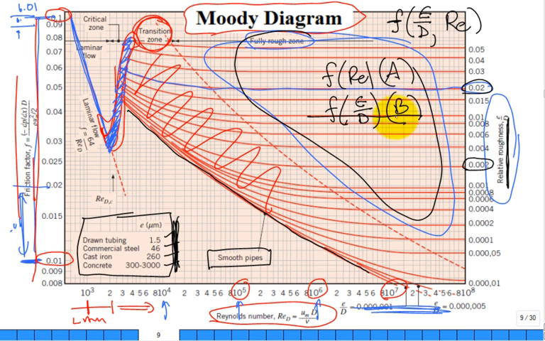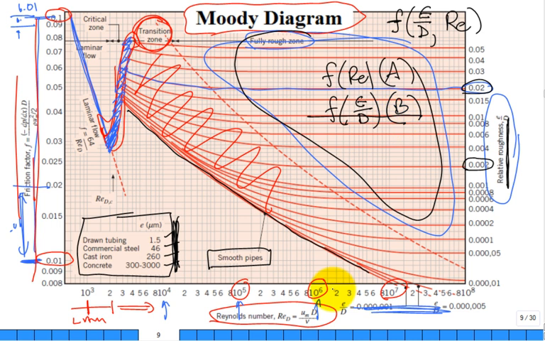In the fully rough region, is the friction factor only a function of Reynolds number? Answer A. Or is it only a function of the relative roughness? Answer B. You ready? Which one? B. It's B.